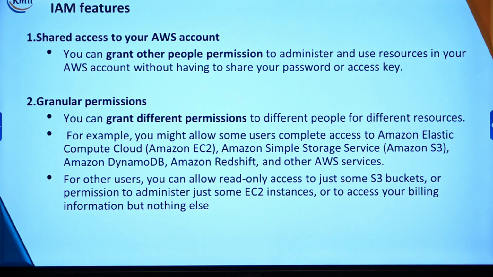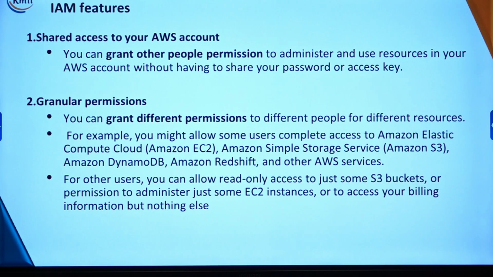You can grant different permissions to different people for different resources. That is what granular permissions are. For example, you want some users to use Amazon EC2 and Amazon Simple Storage, that is S3, and some other users you want to have read-only access to see what the contents are in your servers.